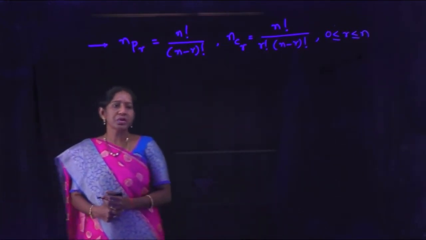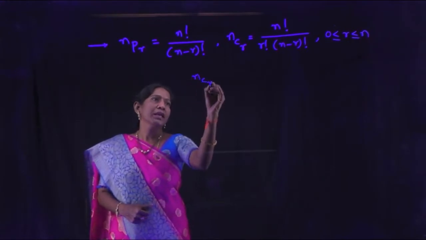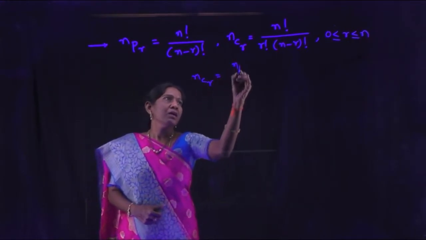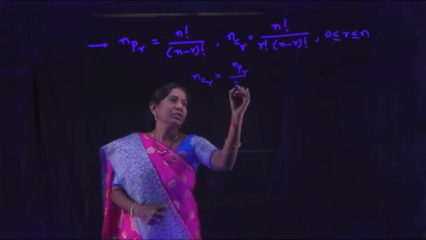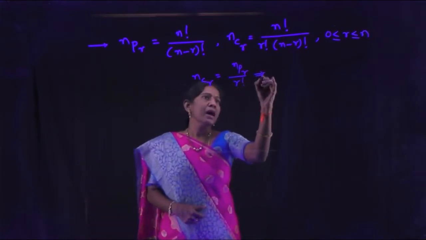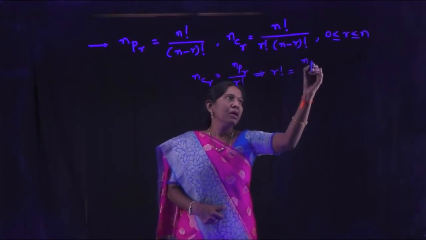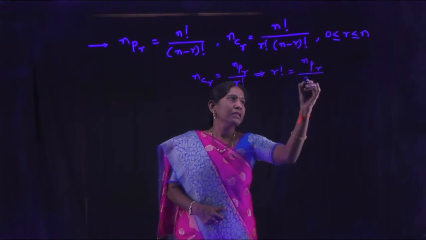From these two, we can write nCr is nPr by r factorial, or also r factorial equal to nPr by nCr.